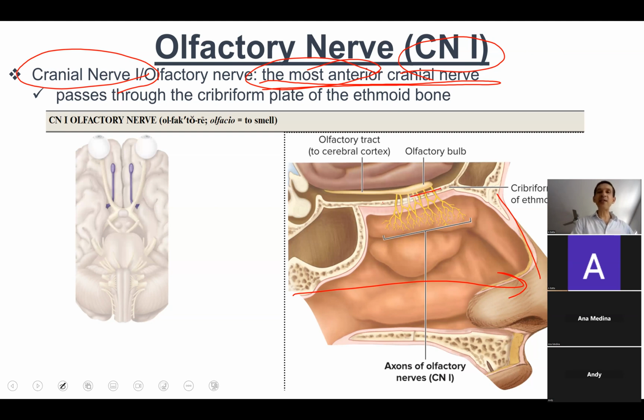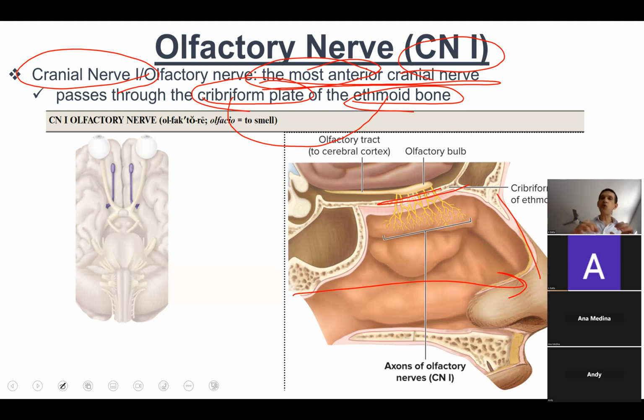See that plate through which it has to pass, the bony plate, has lots of holes. And a part of it has even more holes. So we call that bone the ethmoid bone with a cribriform plate. Both of these, cribriform and ethmoid, mean sieve-like.